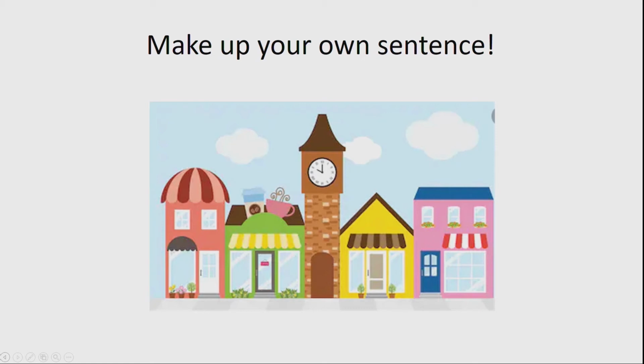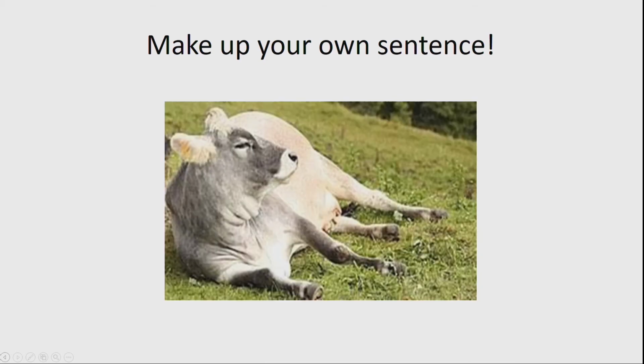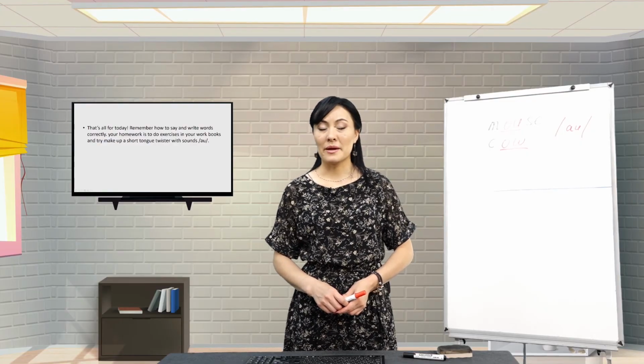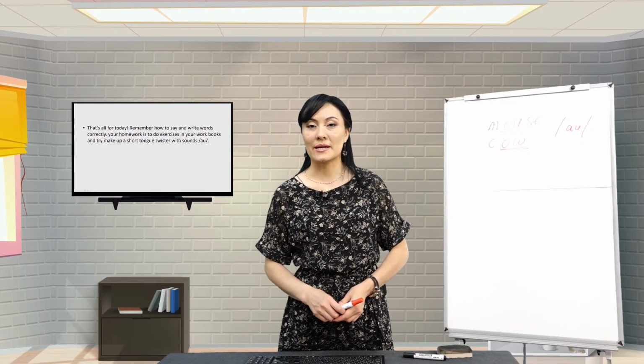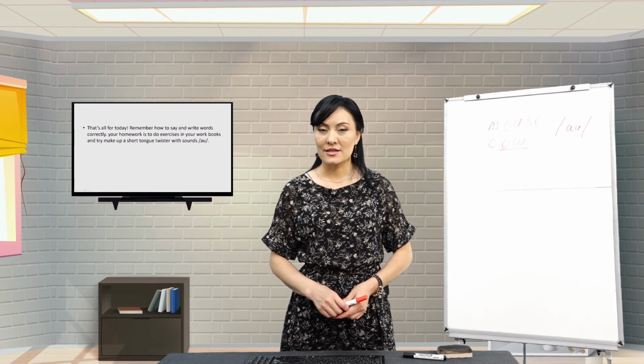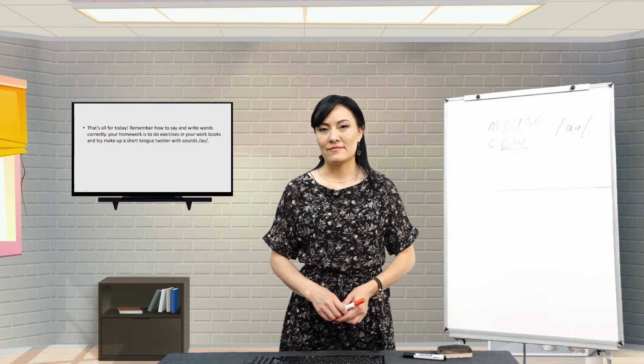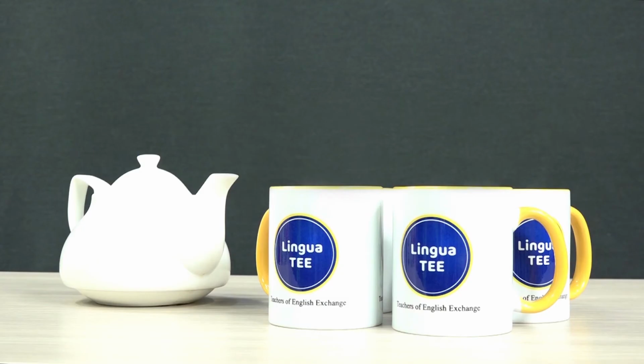There is a tower in the town. What about this picture? There is a cow on the ground. Yes, good job. That's all for today. Remember how to say and write words correctly. Your homework is to write sentences with the sounds ow. Goodbye. Thank you.